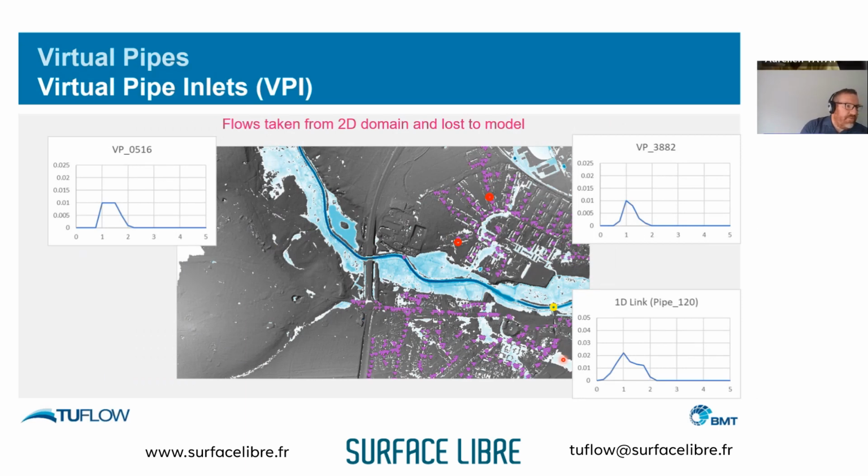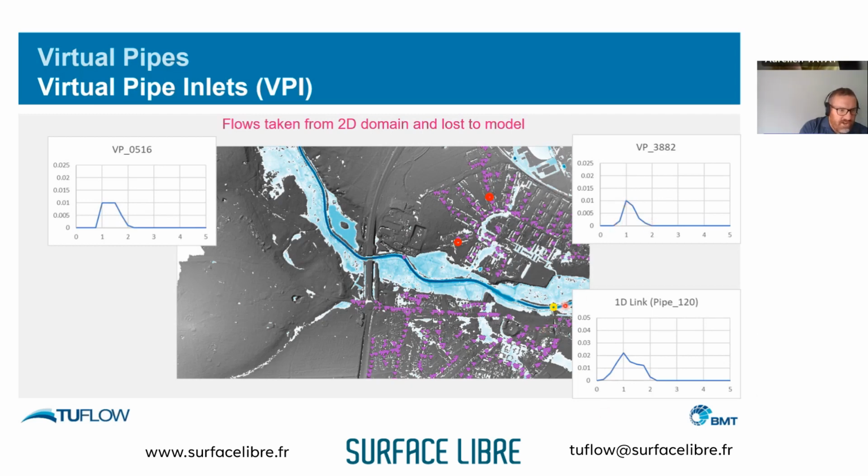This just gives an example. So we have a 2D model of a river channel, and we have some virtual pipes, with the virtual pipe inlets. So there's no representation of the subsurface network here. And what we've got here is just two virtual pipe inlets, and we can see the flow coming through those virtual pipe inlets.